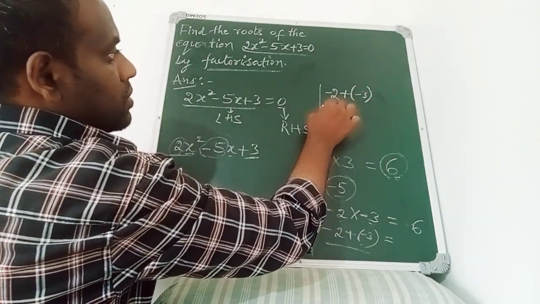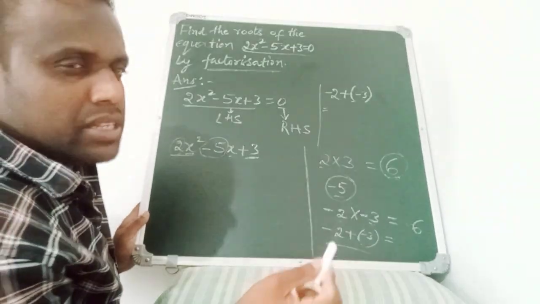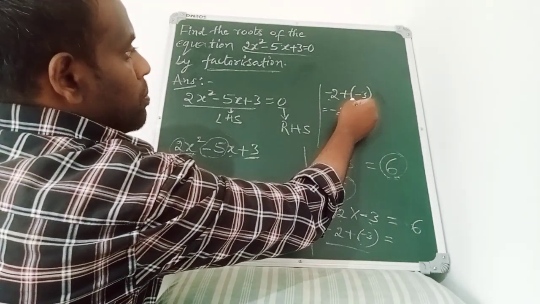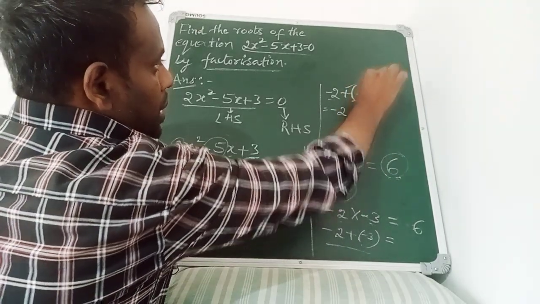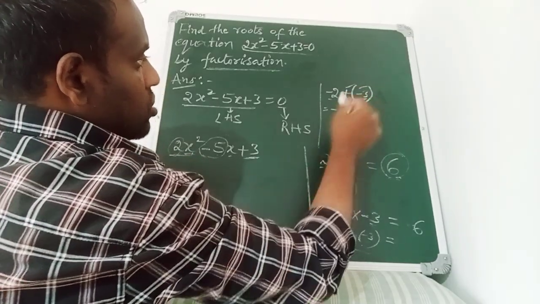Leave the equal sign. Next step: here the bracket is there, and a bracket means multiplication. First write this minus 2 as it is. First multiply the signs: plus into minus is minus. So write 3 as it is.